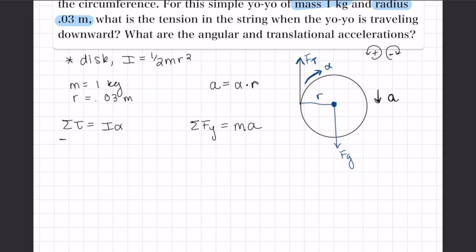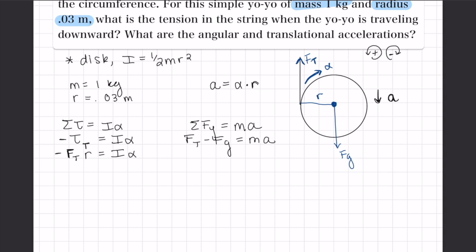So we'll have a negative torque from tension equals I alpha. That is already at a 90-degree angle, so we can substitute in for that torque, the force of tension times r. I'm going to leave that for now. And then for our forces in the Y, we will have Ft minus Fg equals ma.